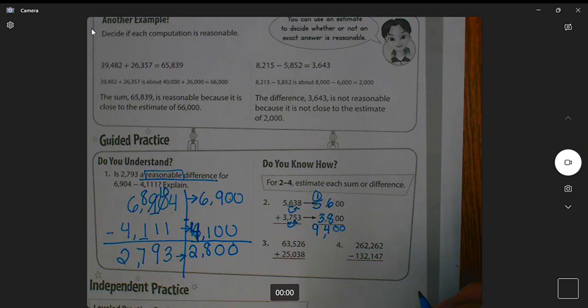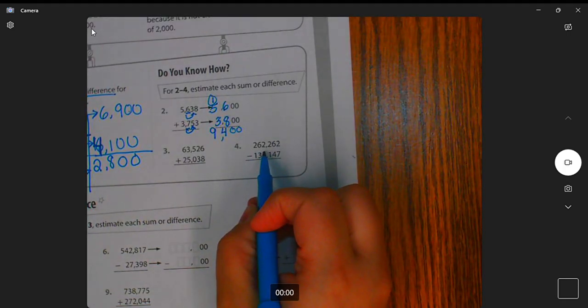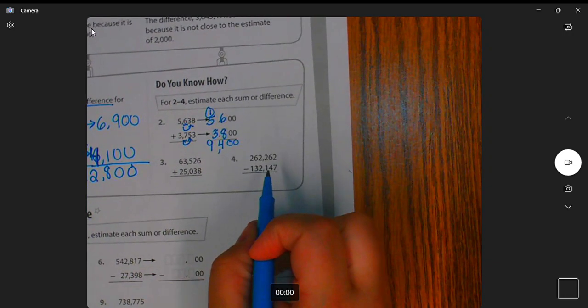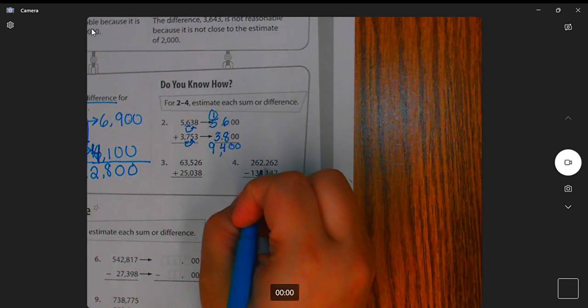You ready to try one subtracting? Let's look at 262,262 minus 132,147. And I'm going to say I am rounding to the nearest hundred.